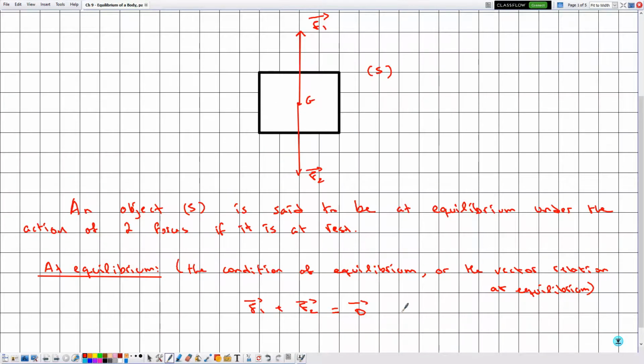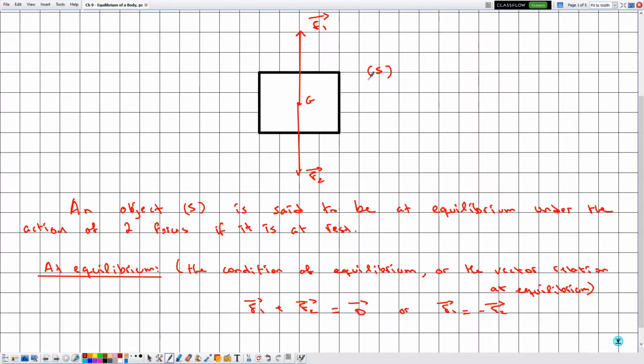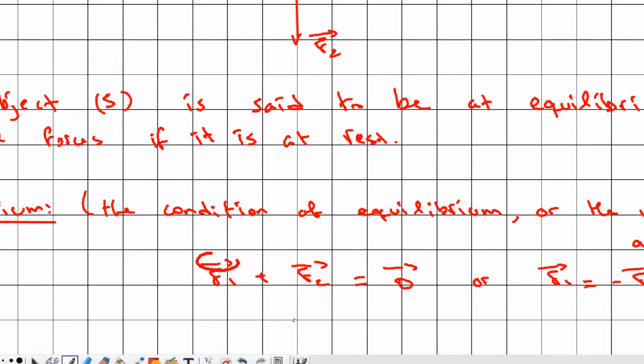Let me repeat this equation. We read it in the following way. The action of the forces F1 and F2 cancel out to give us the 0 vector. The 0 vector indicates the equilibrium condition, which means that the solid S is not moving, and we don't forget the vectors on F1, F2 as well as the 0.